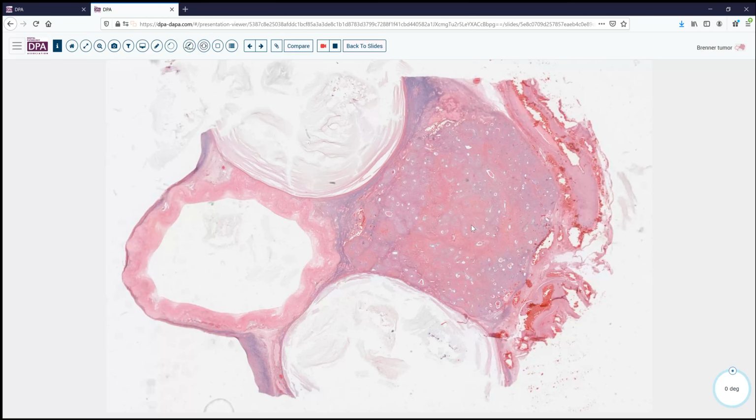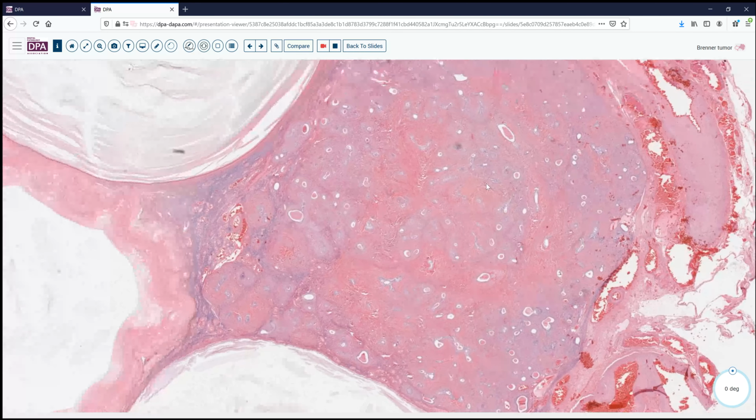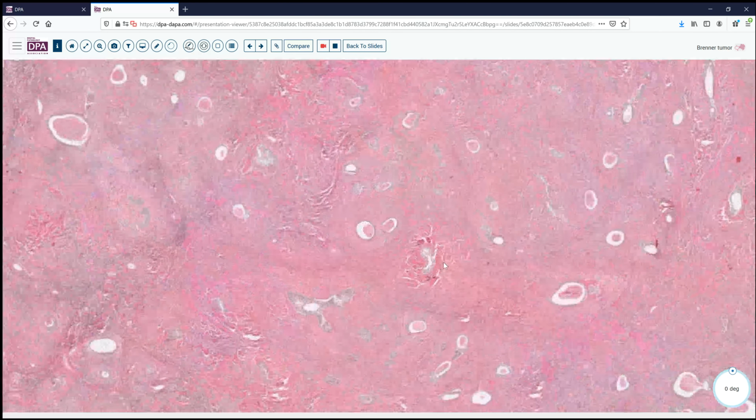Here's another case. Again, we see a couple of things. We see these large cystic spaces with lamellated calcification, and then we see this tumor over here. So we'll focus here.